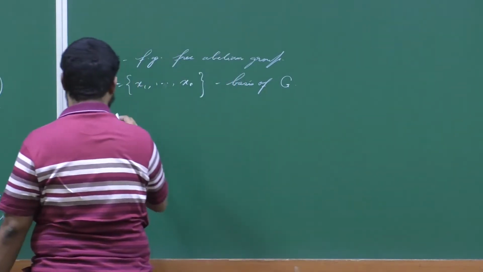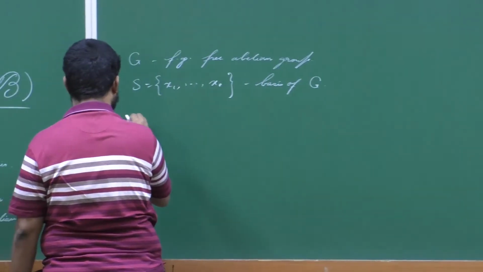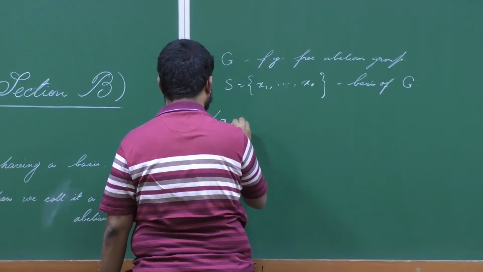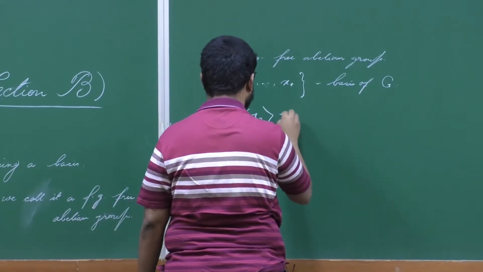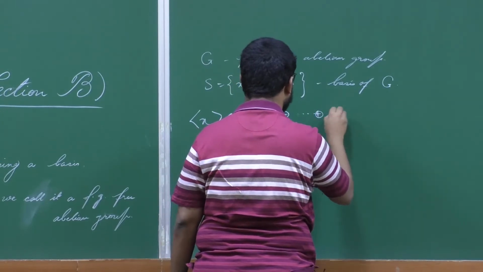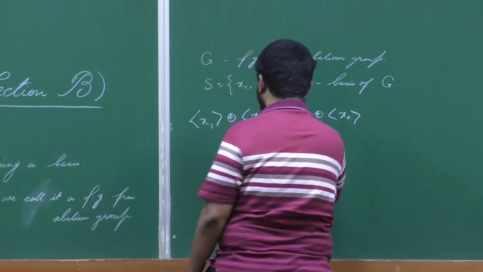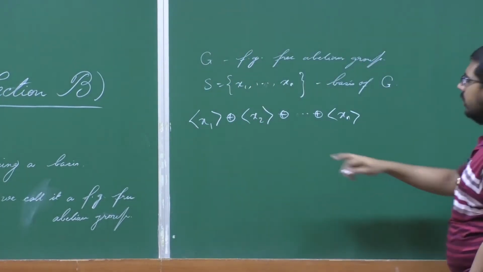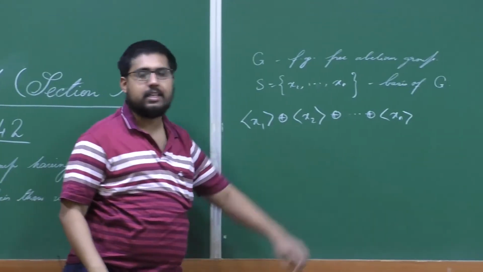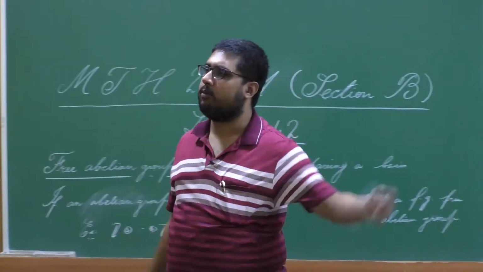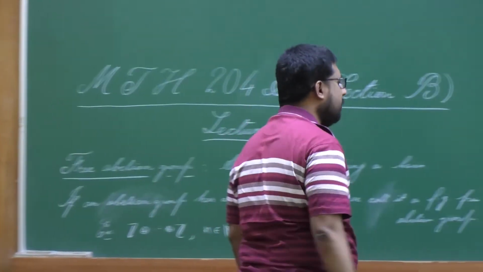Then since this is a basis, it's quite easy to see that G is the sum of the subgroups, where each summand is the cyclic subgroup generated by the ith basis element.